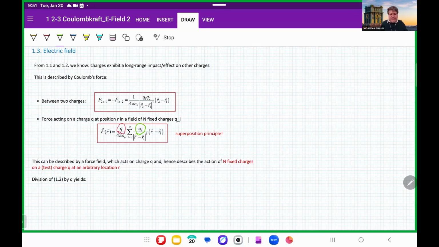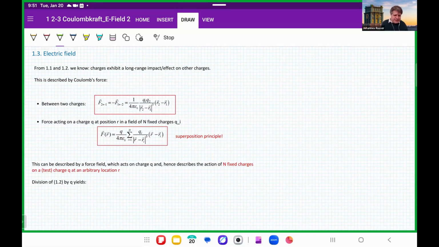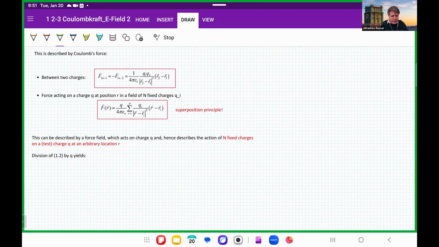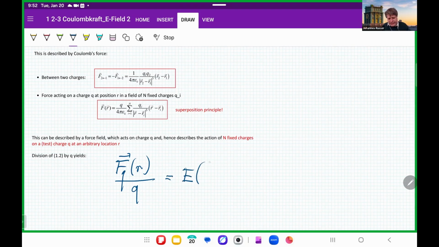For that, you can define the electric field, and the idea is the following. You basically take your force field F of q and divide it by the test charge itself. Then you have an electric field.